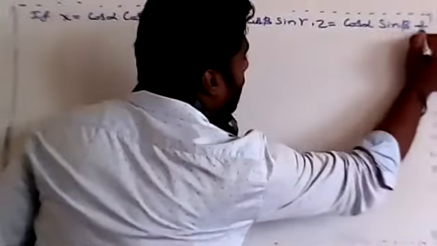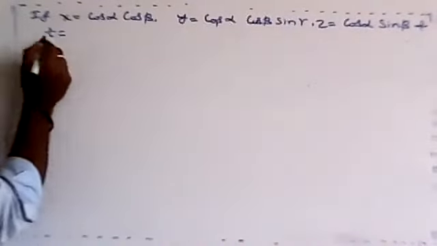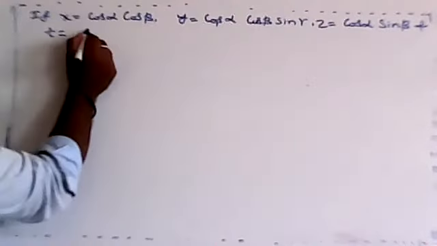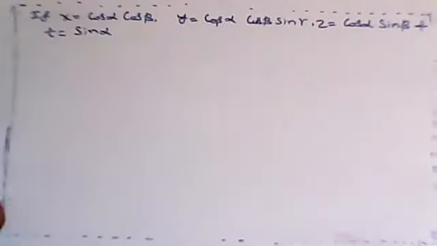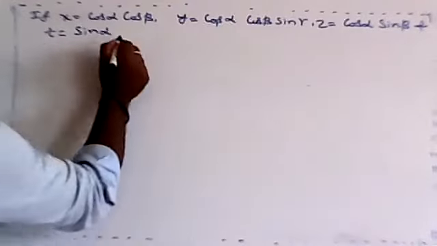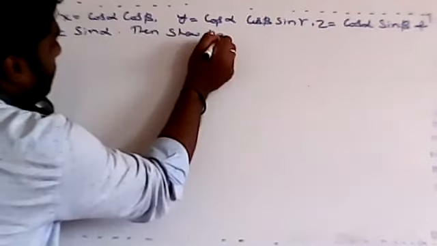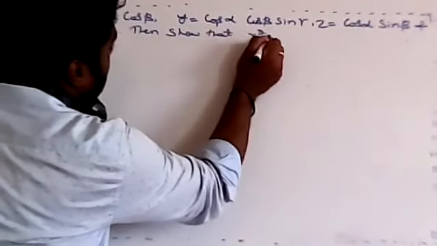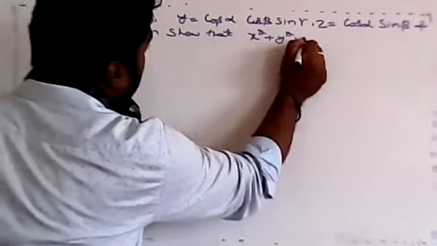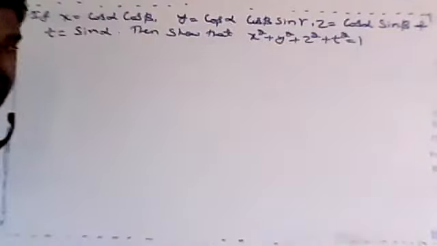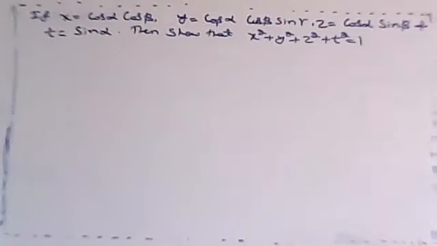And t is equal to sine of alpha. Then show that x square plus y square plus z square plus t square is equal to 1.